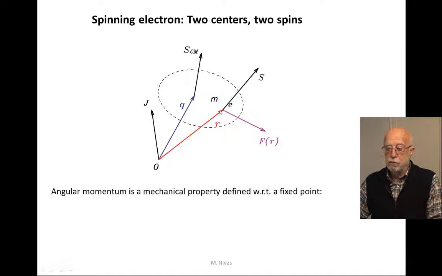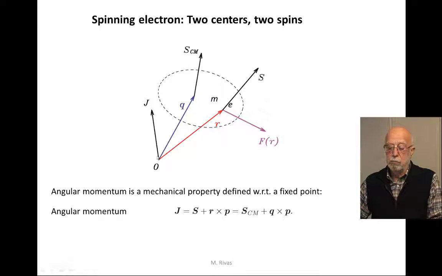And the angular momentum of the electron with respect to the center of charge, I call just S, the center of charge spin. Of course, these 3 angular momenta are not independent, and they satisfy the relation.